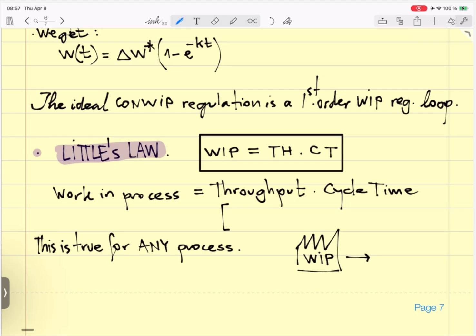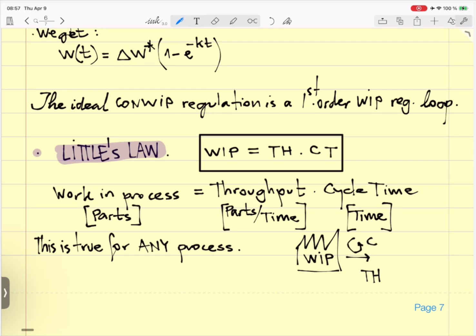Throughput is measured in parts per time unit. Working process is measured in parts. And the cycle time is, of course, measured in time, how often you bring out one part.